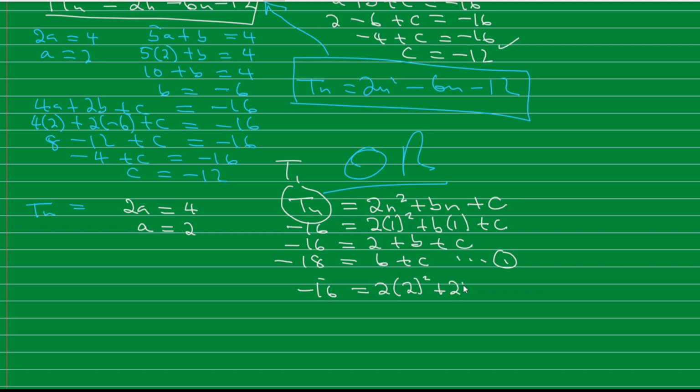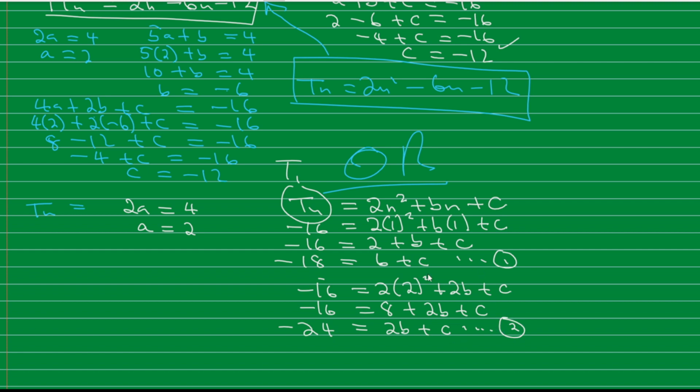That will be 2b plus c. That will give us negative 16 is equal to 4 times 2, that is 8, plus 2b plus c. If you simplify this, you get 2b plus c will give us negative 24. So that is our second equation.